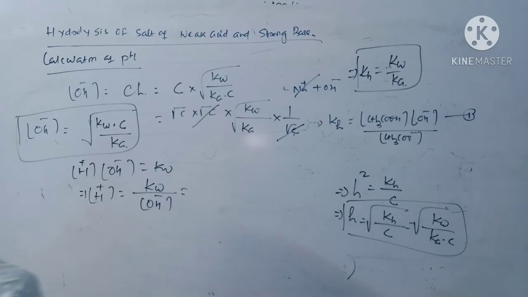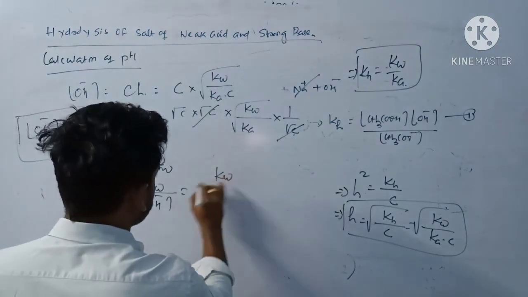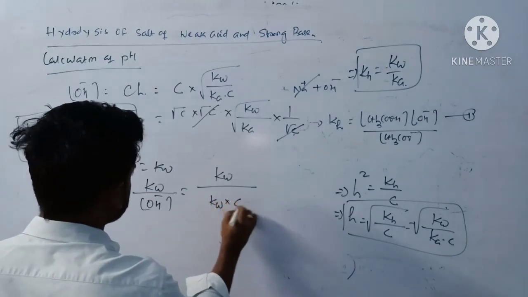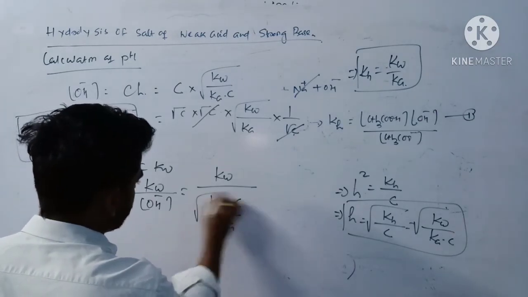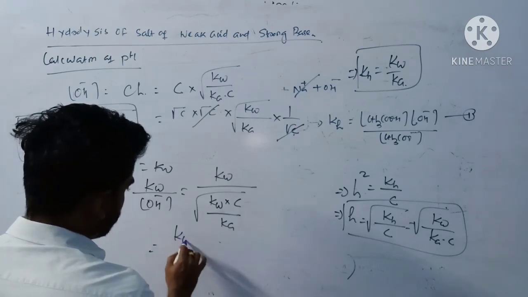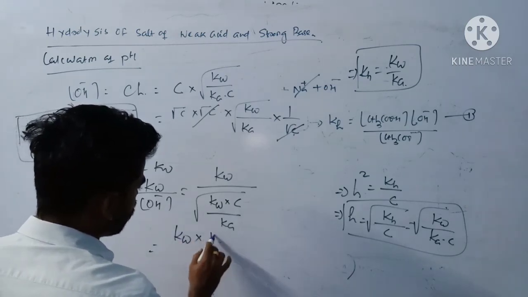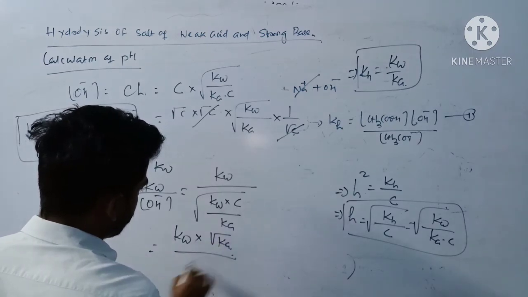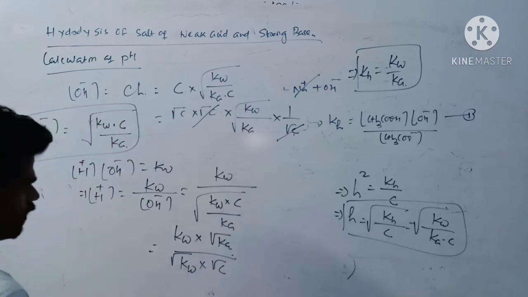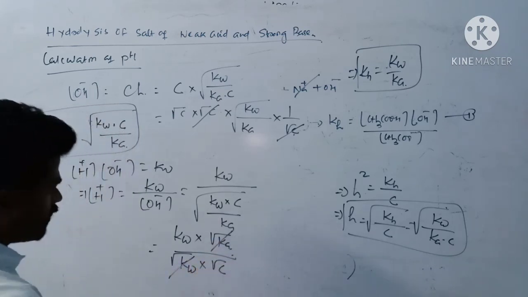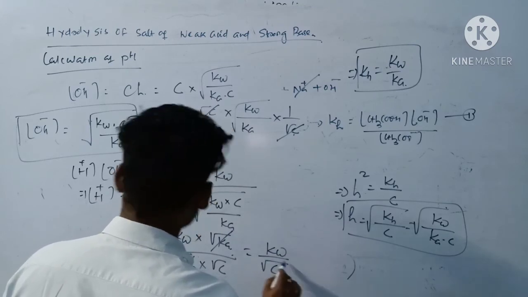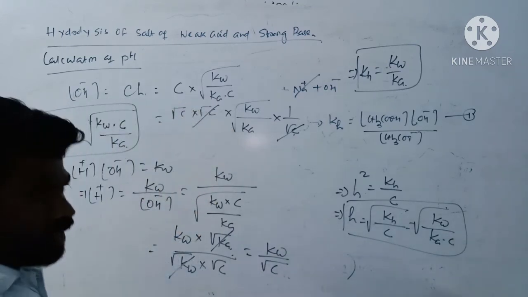So now this can be written as Kw upon root over Kw into C divided by Ka, that will be equal to Kw into root Ka divided by root Kw into root C. So root Kw gets cancelled, that is equal to root Kw by root C, that is the concentration of H plus.